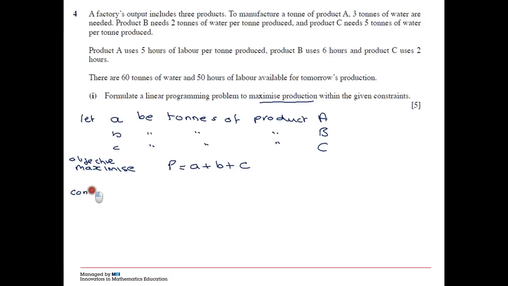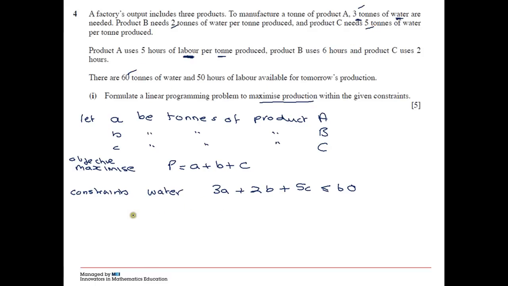And then the constraints, and again we look up here, we've got something about tons of water, and we've got something about labour per ton. So there's going to be 2 constraints in this case, a water constraint, which is 3a plus 2b plus 5c less than or equal to 60, and I've used the 3 there, the 2 there, the 5 and the 60.